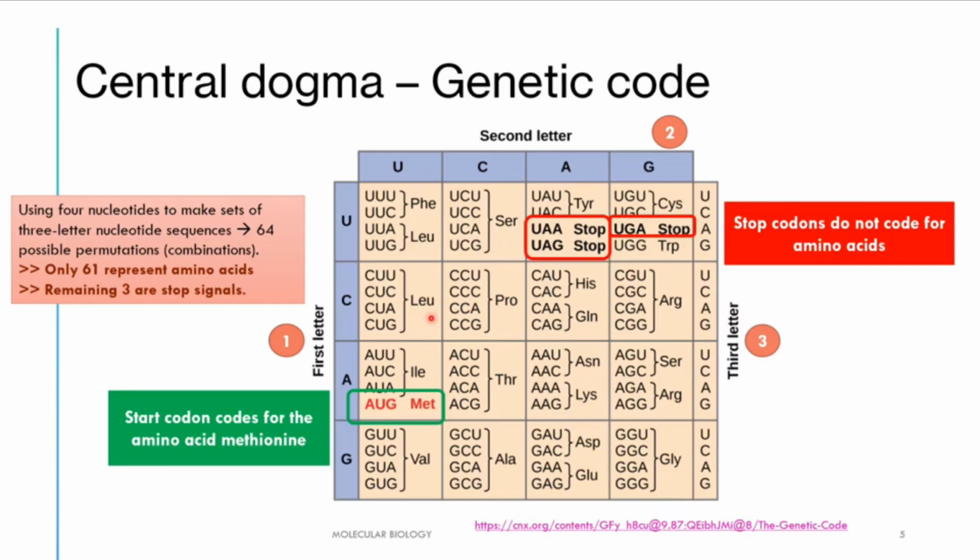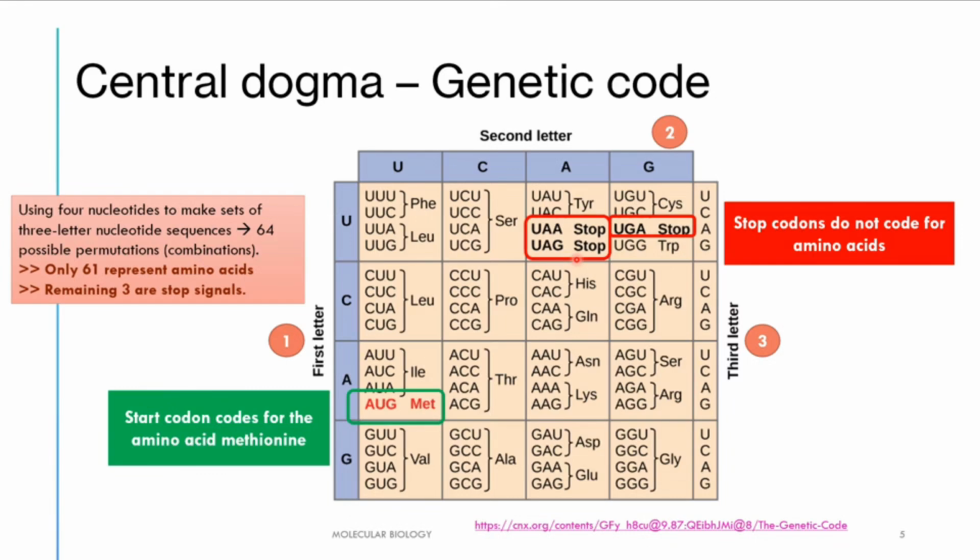Now there are only 61 codons in this table that code for amino acids. There are 3 special codons here: UAA, UAG, and UGA, which are stop codons. You have to remember that stop codons do not correspond to any amino acid. Just now we mentioned that there are 2 amino acids which are coded by only 1 codon.